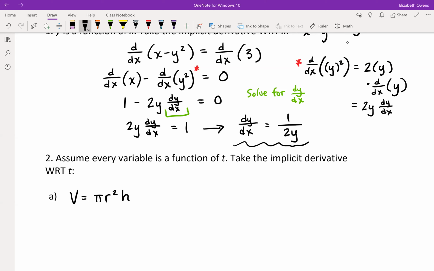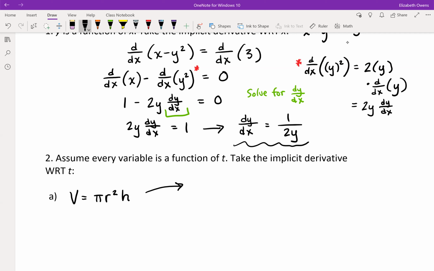We're going to take an implicit derivative with respect to t, which is kind of funky because you don't even see a t in this equation, but we're still working with t behind the scenes in the fact that each variable is a function of t. Interesting. So our implicit derivative process is going to start out the same way.